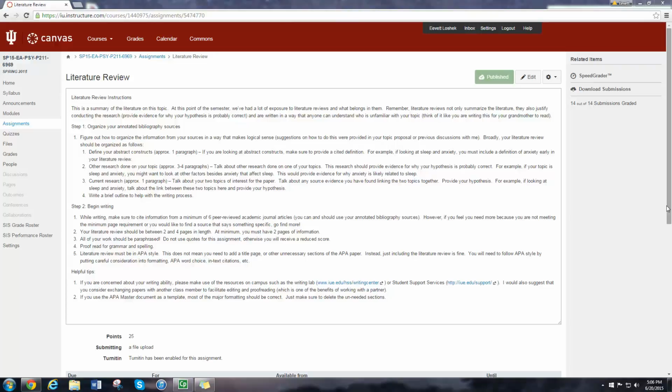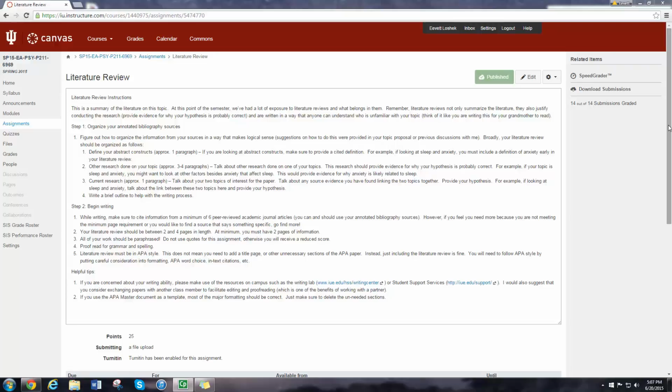However, if there is already research out there that demonstrates a relationship between sleep and anxiety, you might say instead something like, since this has already been found, it is very highly likely that we will come to the same conclusions as these previous research articles have already done. And the very last thing you'll do in your current research paragraph is provide your hypothesis.